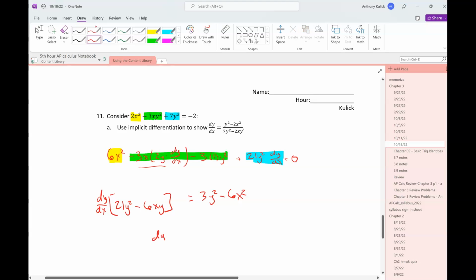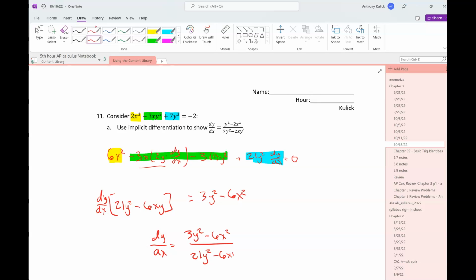Then I'll divide both sides by that 21y squared minus 6xy. I notice that each of those things contains a factor of 3. So if I reduce that, I get y squared minus 2x squared over 7y squared minus 2xy. And that's what I need.